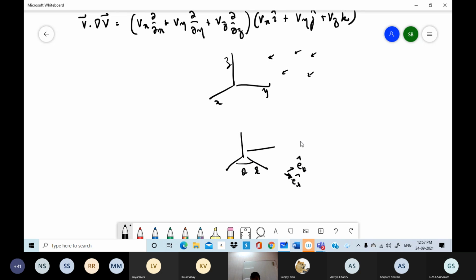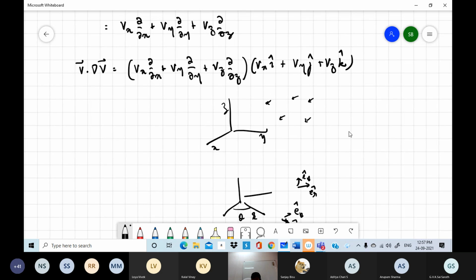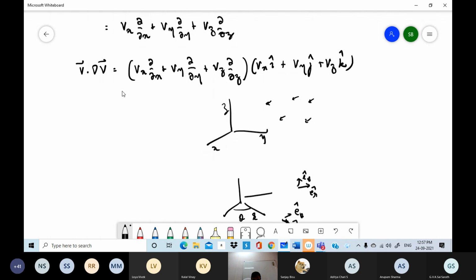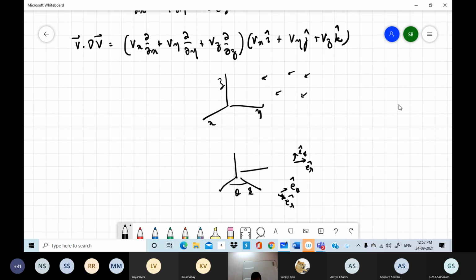Now if I go to this location, my e_r would have changed direction and my e_theta would also have changed direction. So for a cylindrical coordinate system, the situation would be more complicated, but here I can assume that these differentiations act only on Vx, Vy and Vz and not on i, j, k.